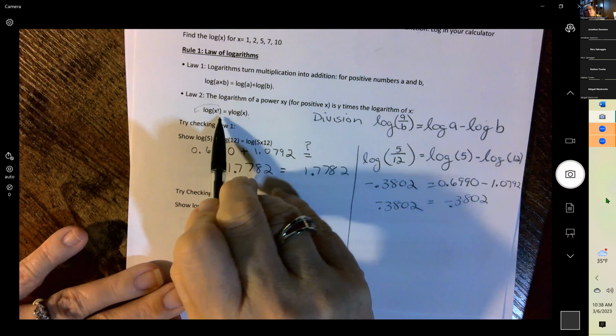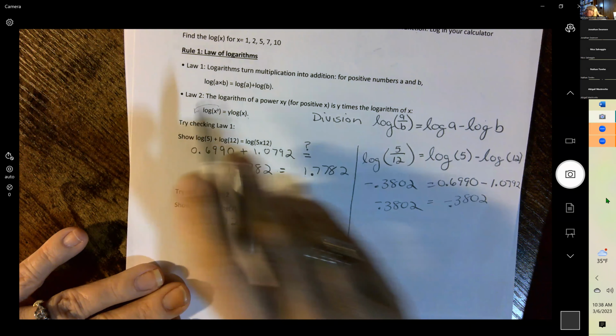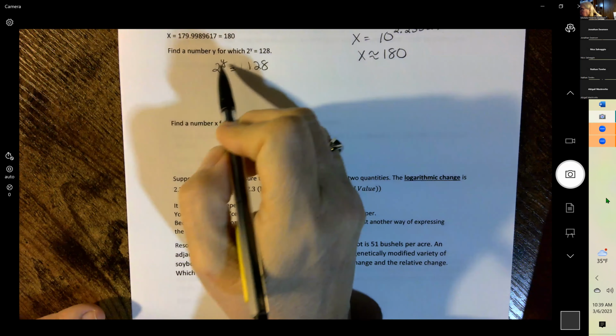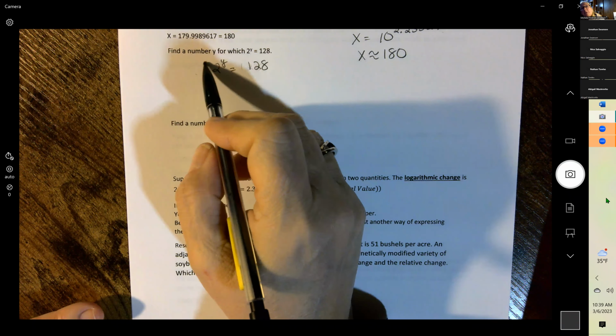Right here. When we have an exponent, we can bring it down. Whenever you're looking for a variable that's in your exponent, if you take the log or natural log of both sides, you can bring that variable down.